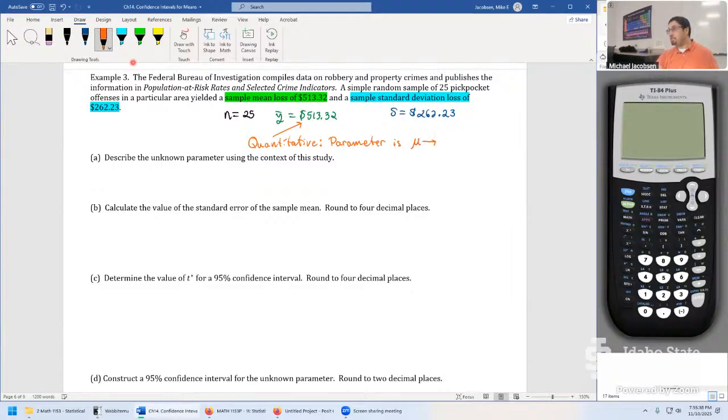But if the parameter is mu, it tells us the confidence interval procedure will be that whole y bar plus or minus t star times standard error y bar. I mean, we know in chapter 14 that we're estimating the parameter mu, it says so. We know that this is the formula, it says so in the notes. But if this was a random final exam question, these are the thoughts and connections you want to make. Quantitative with the parameter mu with that specific procedure. And that's a pretty quick line that you could put in your notes and you have the entire confidence interval procedure ready to go.